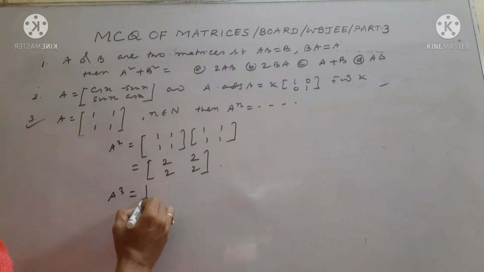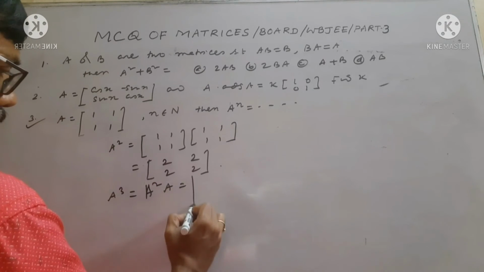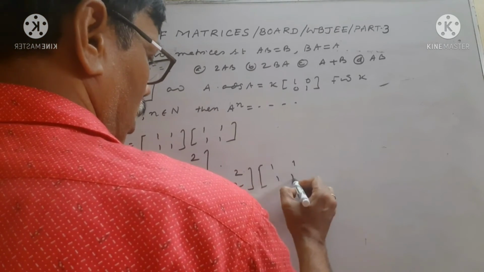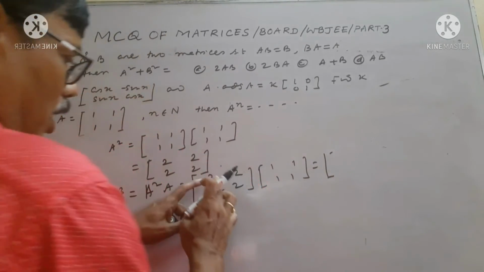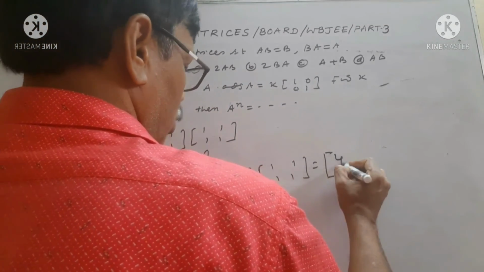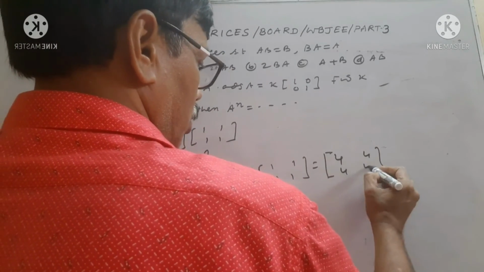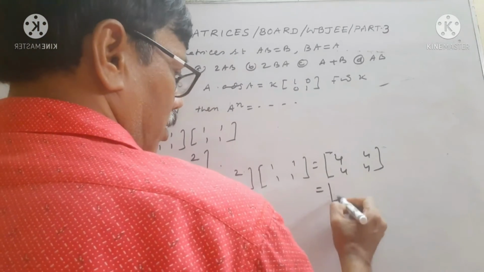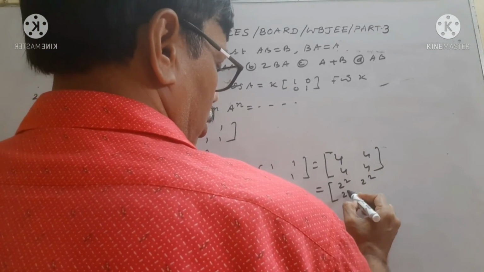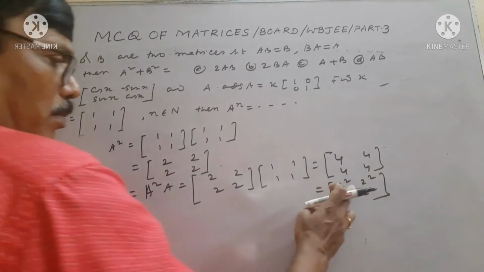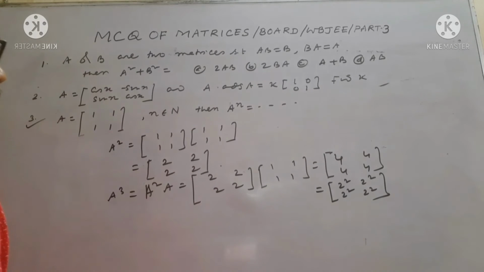Now what is A cube? A square into A. So 2 2 2 2 times 1 1 1 1. If you multiply, 2 plus 2, this is 4. This is also 4, this is also 4. So we can write 2 square, 2 square, 2 square, 2 square. So for A cube, the power is 2 square.